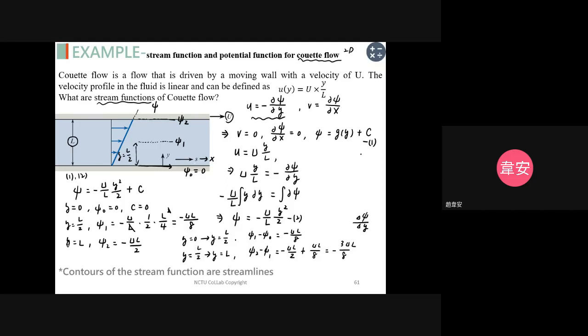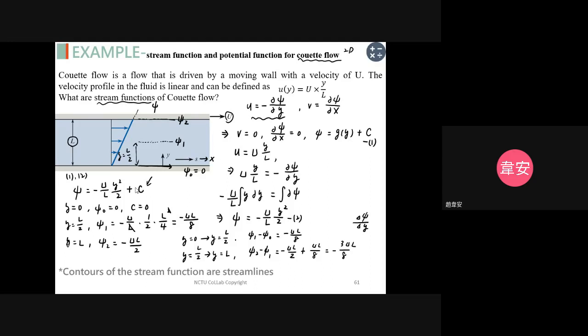Okay, so this is our final result. Following these equations plus the stream function, we can describe the streamline at the different y locations. That is why I tell you the stream function can tell us the streamlines of the flow. And for this exercise, our flow is not irrotational flow.